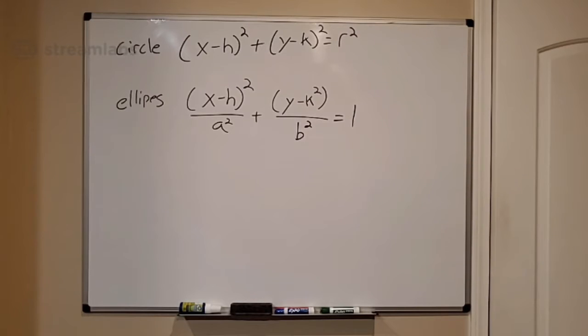Do we know what a and b represent? A is the length from the center to the focus? No, not focus. Close. The vertex? Well, we got to be careful. It's not always to the vertex. So remember, how do we determine a vertex for an ellipse?